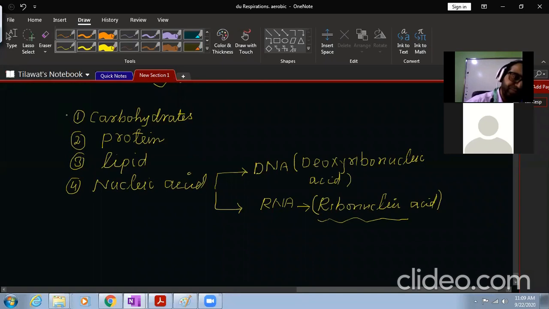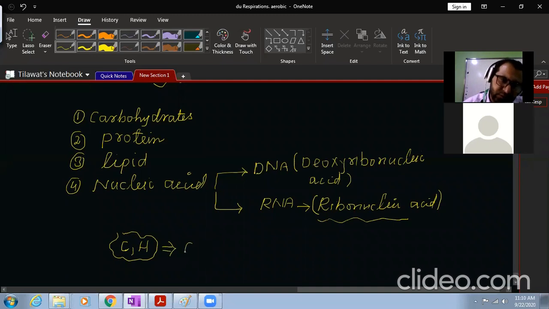Now, all these molecules commonly contain specific elements. Carbon is present in all these molecules, and hydrogen is present in all these molecules. So that's why all these are what?